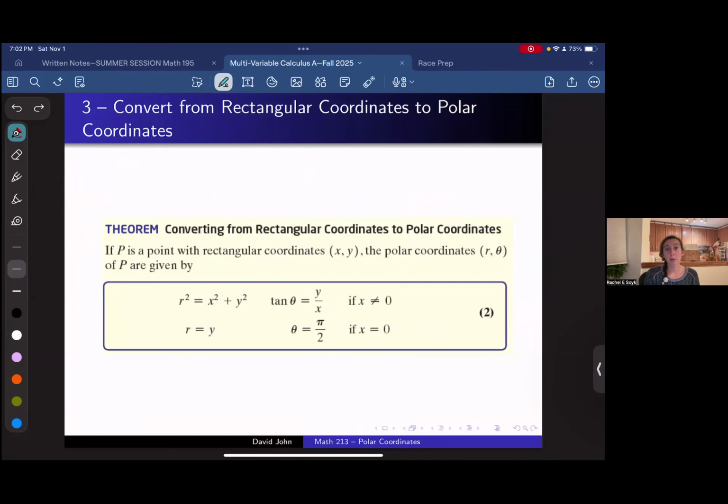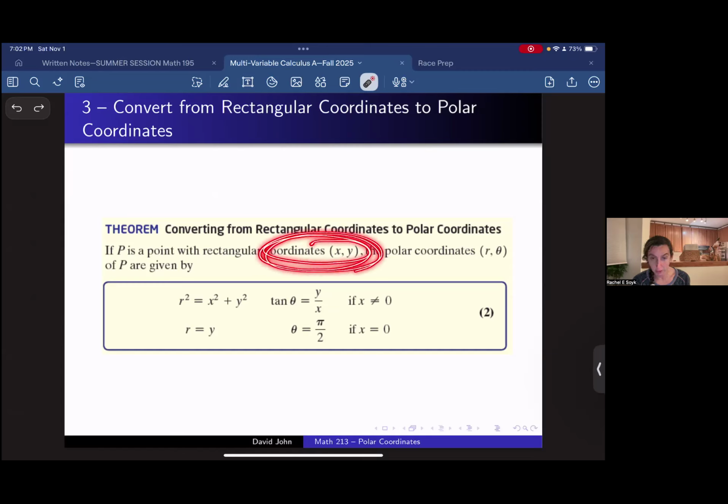Now we're on to our third objective, where we're asked to convert from rectangular coordinates to polar coordinates. And so converting from rectangular to polar coordinates, we have the following. Again, if we're looking at our rectangular coordinates, x comma y, our polar is going to be r comma theta.